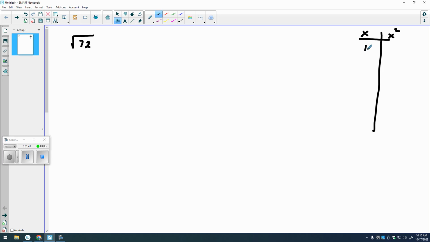My first step is I'm going to list a bunch of x values. X equals 1, 2, 3, 4, and so on. We'll go up to like 12. And now I'm going to list all those numbers times themselves, so all those numbers squared. So 1 squared is 1, 2 squared is 4, and so on.